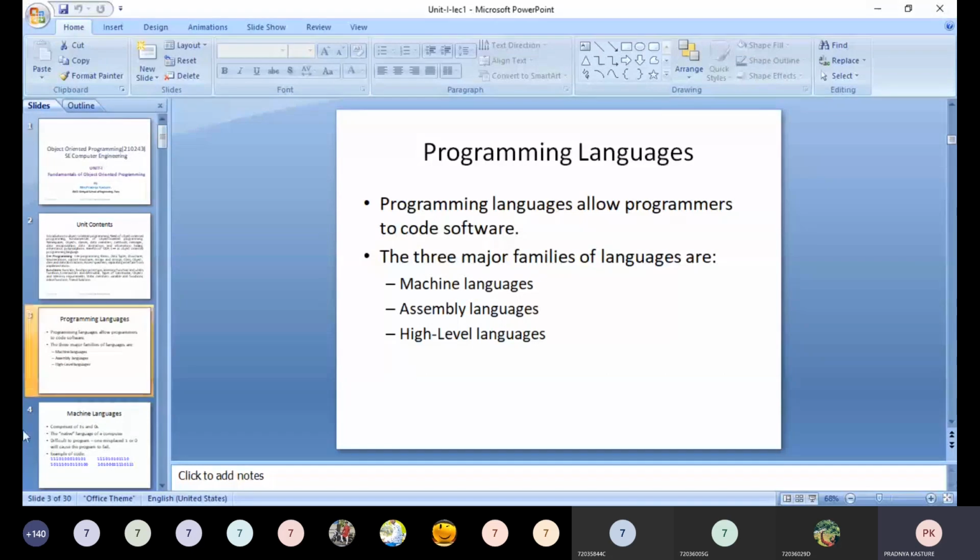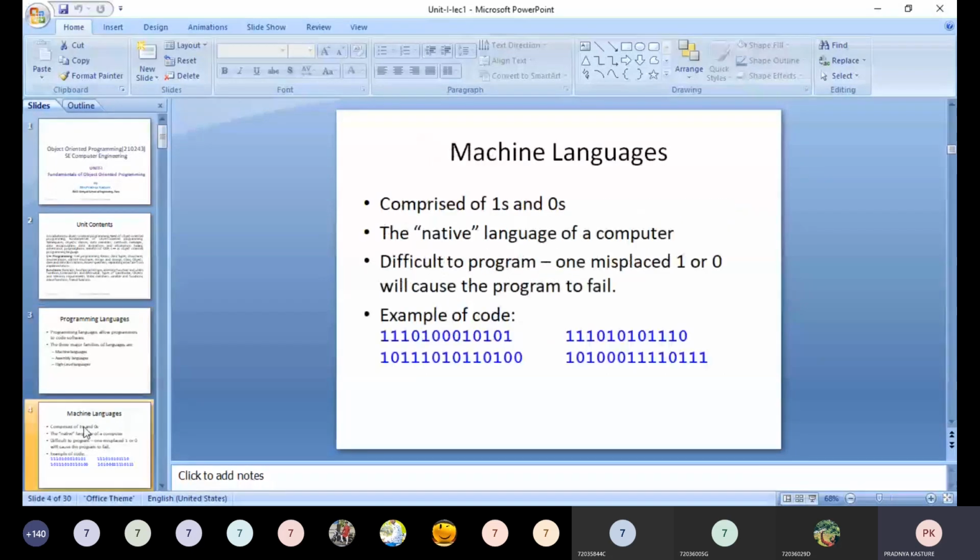So we know machine language is very close to the machine, right? But for the human being, we cannot deal with machine language. Whatever programming comprises is done with the help of ones and zeros only. That is a binary language, also we can say.